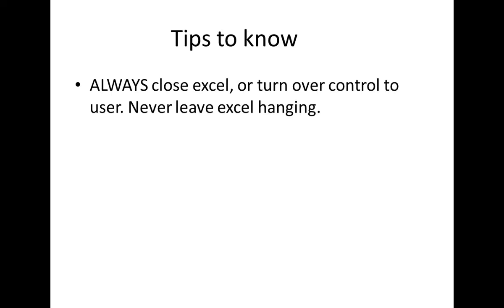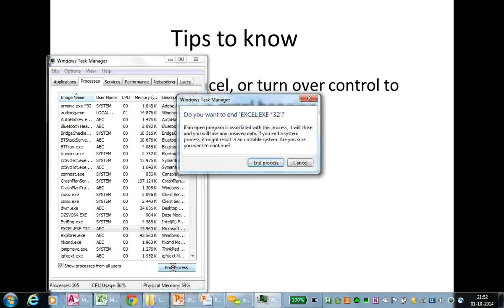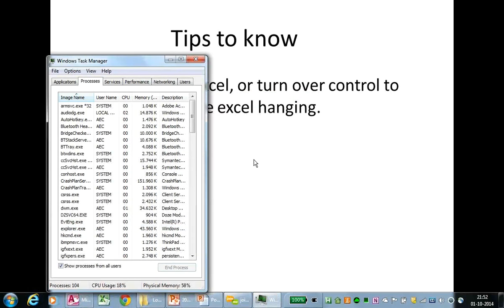If you're working with Excel and something is behaving oddly or differently than it did half an hour ago, go into your task manager, see if you've left some sort of Excel open, and go ahead and end it. If it's not visible down here, it's because something went wrong in your code and you didn't remember to clean up after yourself.